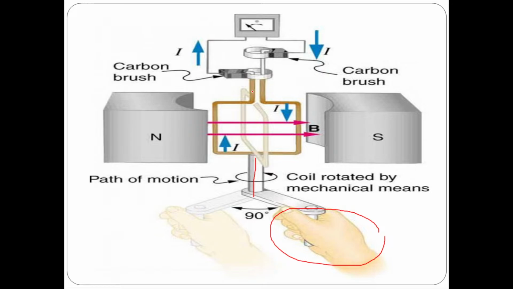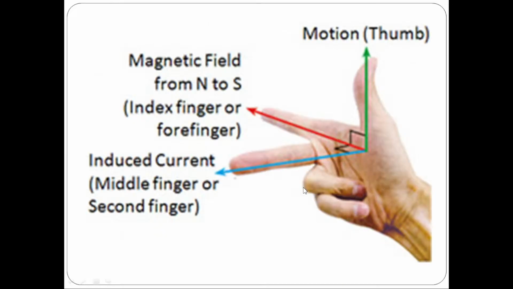then the thumb represents the direction in which the coil is rotated, the motion of the coil.